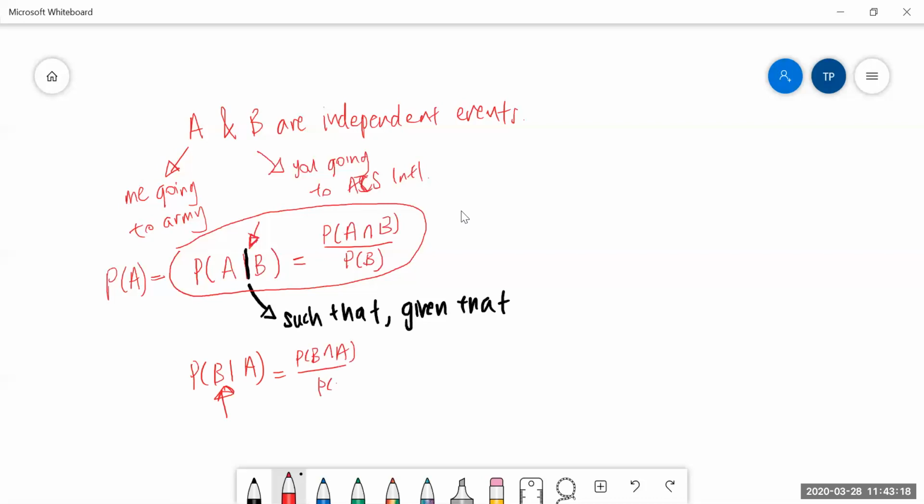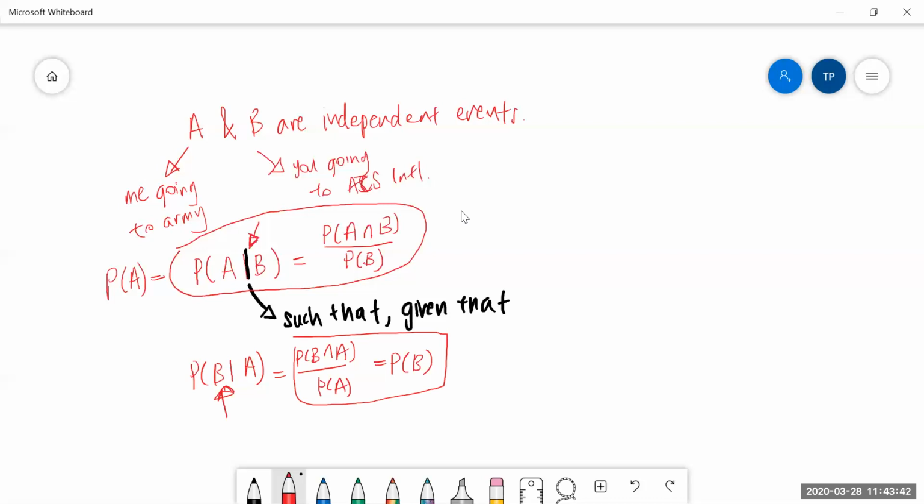But if B and A are independent events, this will be equal to probability of B. Now the question is concerned about you going to ACS International, no longer about me going to army, because we are independent.